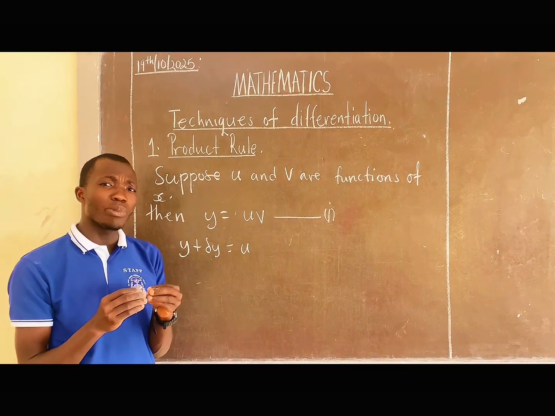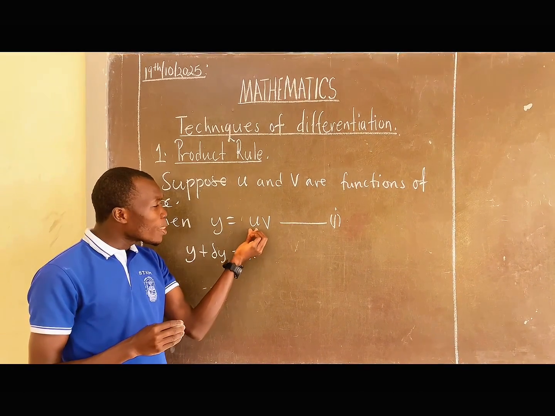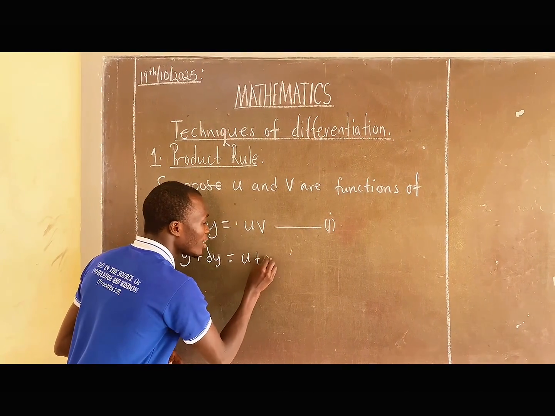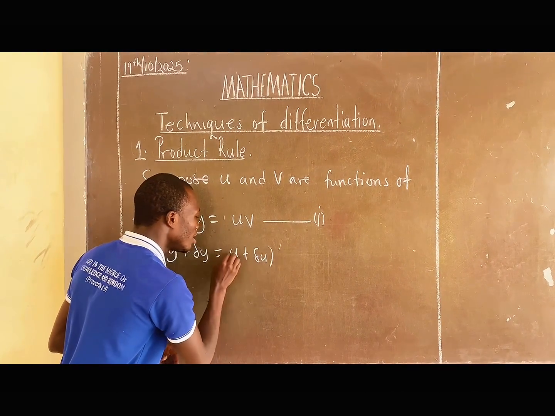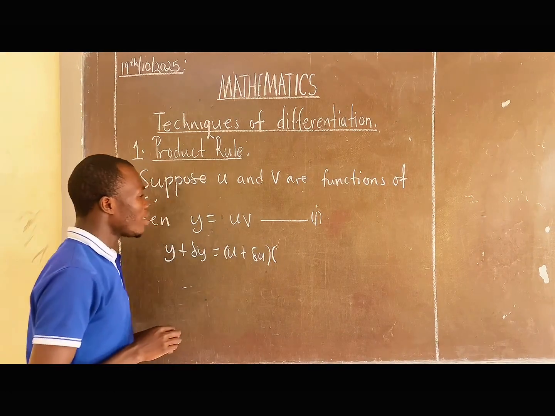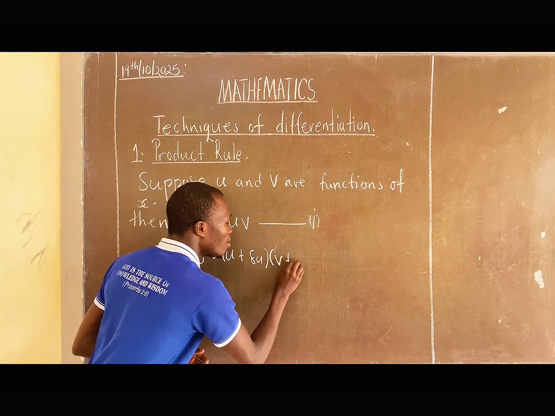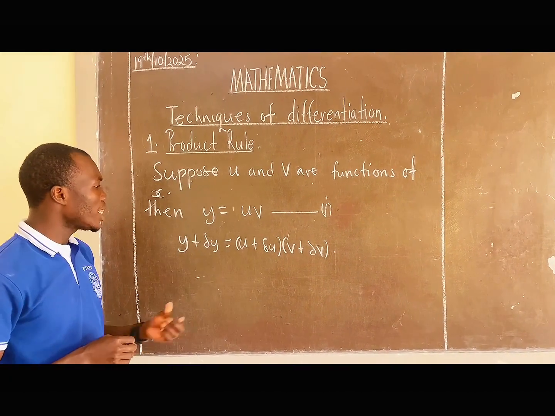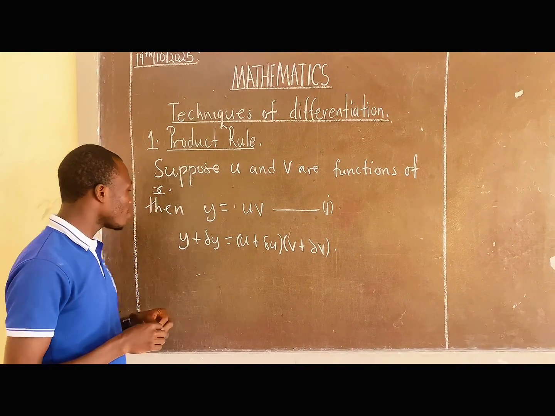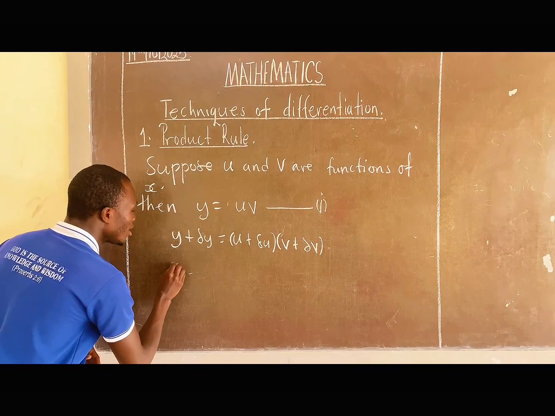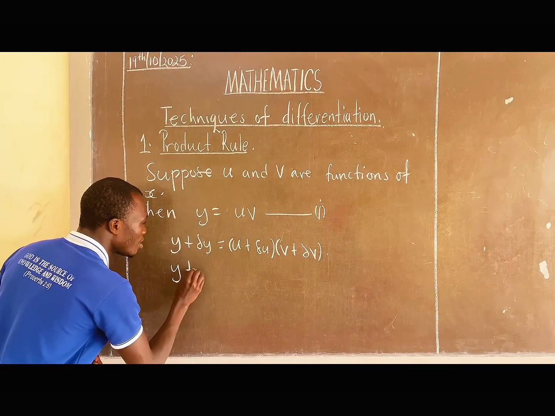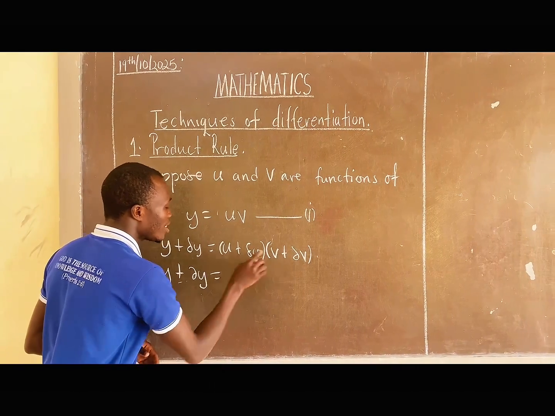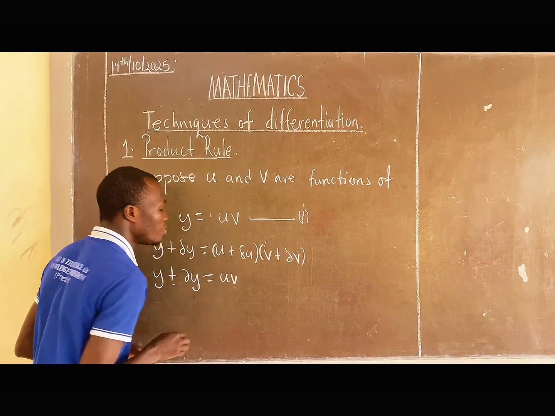Now this small increment we are going to add into the two functions of x. So here we shall have (u plus small increment in u) multiplied by (v plus small increment in v). Let's open this bracket and simplify. On simplifying, we shall have this side remaining the way it is, equals to multiply this and this, we have uv.